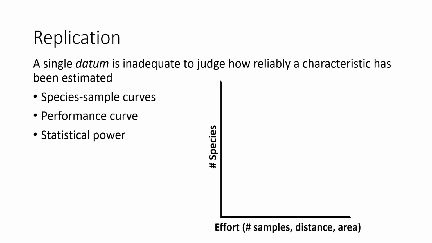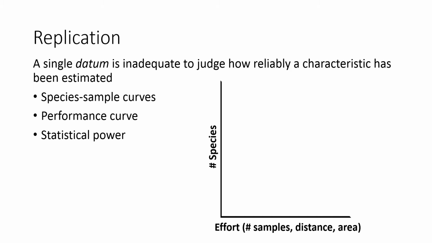So let's talk a little bit about what you would expect if you had this graph. We've got effort on this axis, and we've got number of species on this axis. What would you expect might happen? Positive. Yeah.